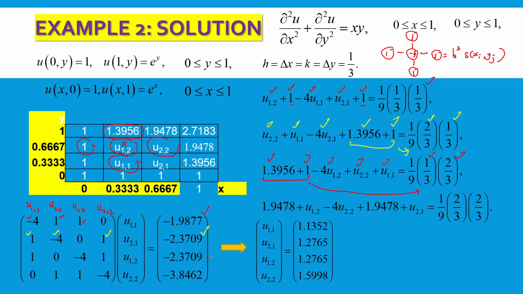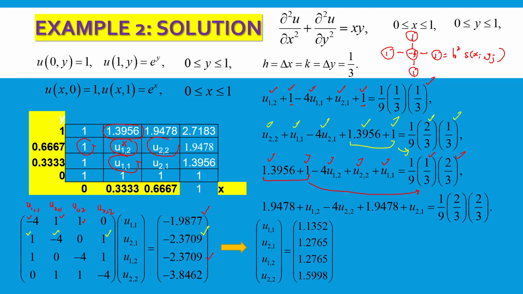So you get the same coefficient because the left side value is 1.3956 plus 1, same as the second equation. The right hand side product 1/9 times 1/3 times 2/3 is the same. That's why the third value of vector b is the same. And then you have here -4 u12, -4 u22 one time, u11 one time. So u21 is 0.